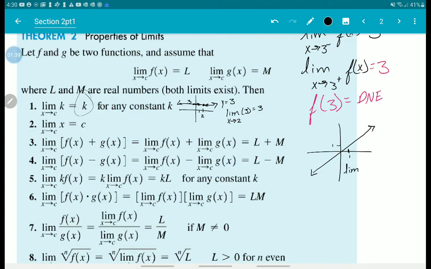Suppose I ask you, what's the limit as x approaches 1 for the function x? Well, we know if we just plug 1 in, we're going to get 1. That's because the point (1, 1) is on the graph of y equals x. So that's why that's going to happen. It's going to be just whatever the x value is for any single point on that graph, y equals x.